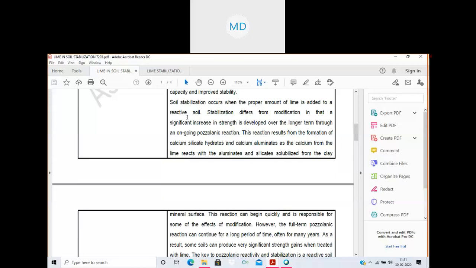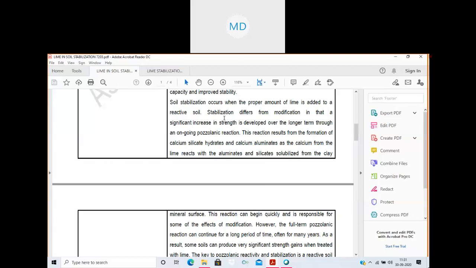If the soil is non-reactive, these cations and anions are not sufficient to react with the lime, then we will not get the result we desired. So the soil should be reactive type, able to react with the lime.